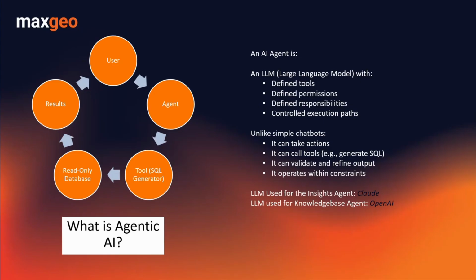But those large language models work with defined tools, permissions, responsibilities, and execution paths. So unlike your chatbots, they can actually do things. They can call on specific tools that we've created. They can validate and refine responses that have been generated from other agents. And they also operate within constraints that we've enforced.